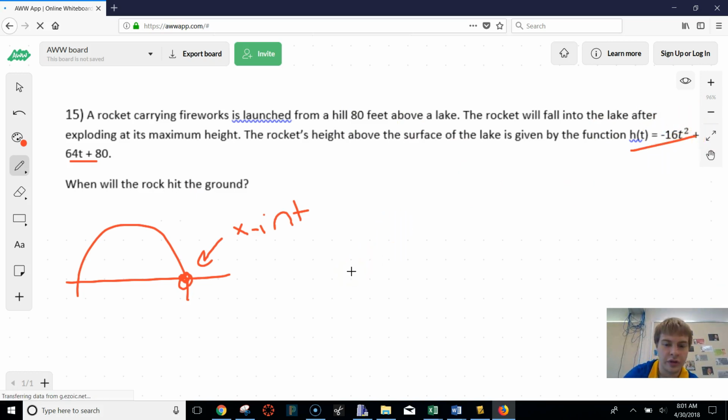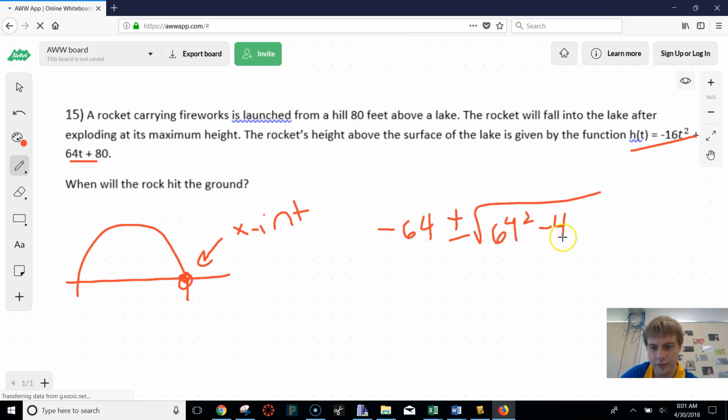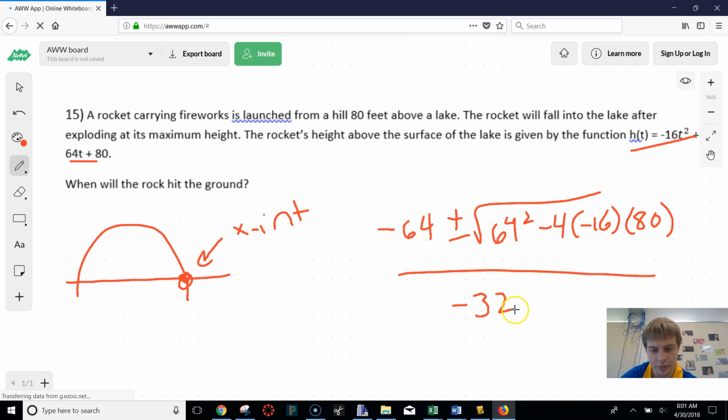So when we use the quadratic formula, we're going to use negative b, which would be negative 64, plus or minus the square root of 64 squared minus 4 times a, which is negative 16, times c, which is 80, all over 2a, and 2 times negative 16 would be negative 32.